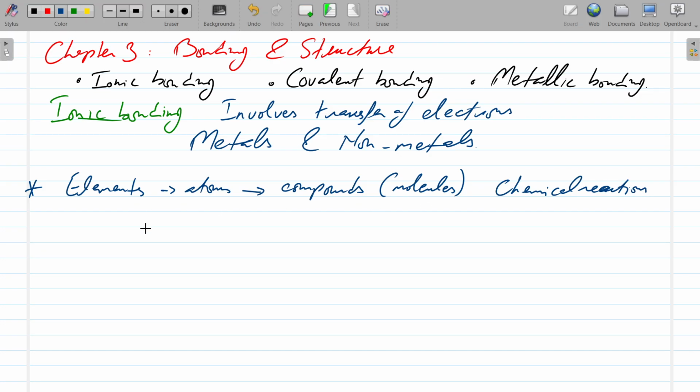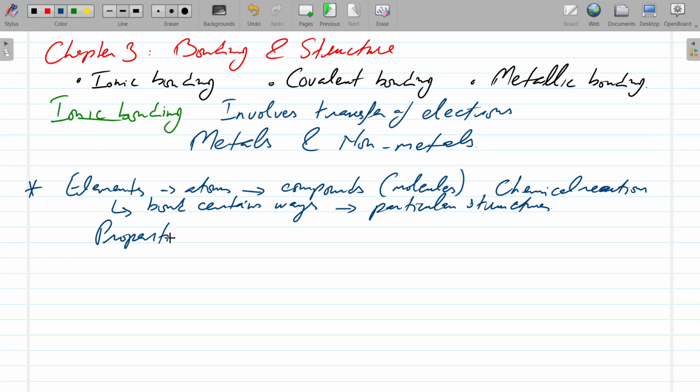The atoms of the elements bond in certain ways, and they end up with particular structures, a new compound. And the type of bonding also affects their properties, both physical and chemical.